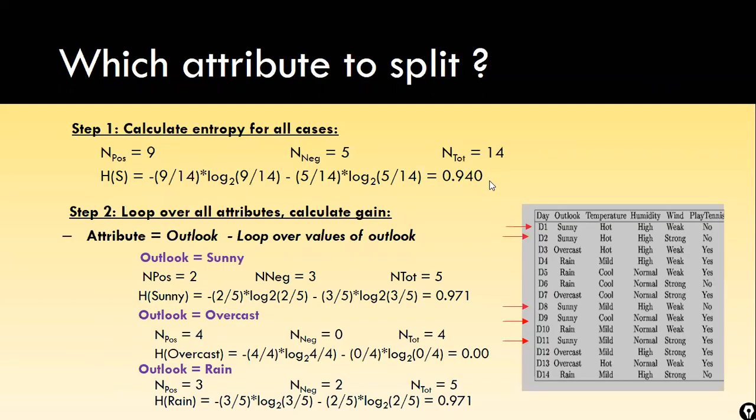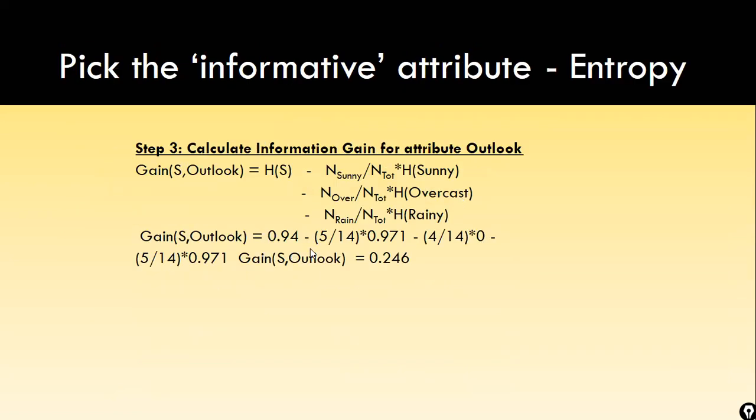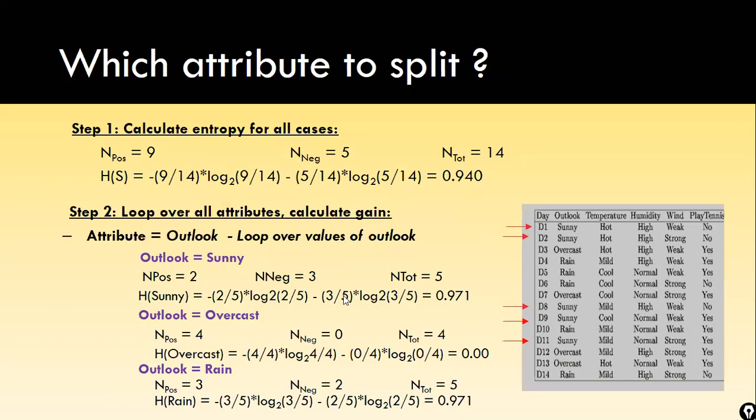So we have the value for this one, right? For all the cases, what is the entropy? 0.940. 0.940 minus 5 divided by 14. In the case of outlook, look here. So 5. So this is the total number of records. 5 divided by 14 into 0.971.